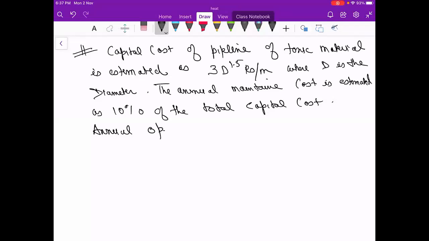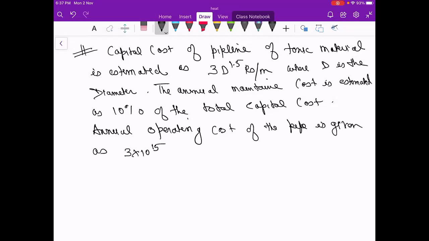Annual operating cost of the pipe is given as 3 into 10 to the power 15 upon d to the power 5 rupees per meter year.